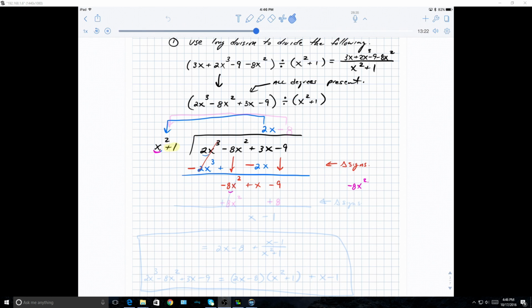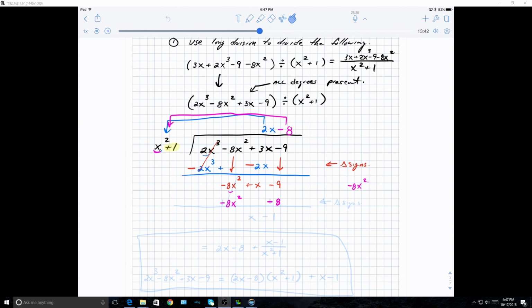So we're going to have to multiply x squared by negative 8, and it must be the negative, right? So that would give us negative 8x squared. That would cancel out that highest degree, and then minus 8.